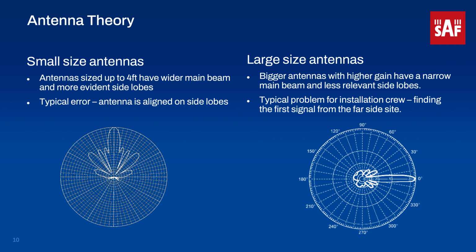Depending, of course, on the size of the antennas, the side lobes can be more evident or less evident relative to the main lobe of the antenna.